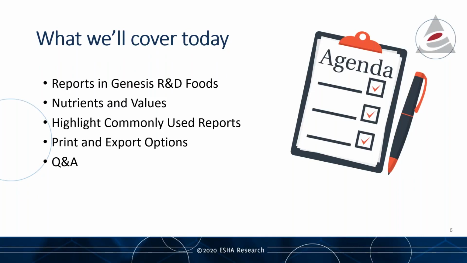We'll spend some time with a few of the commonly used reports in the software, and I'll discuss print and export options a little bit. And as always, devote some time to customer questions.